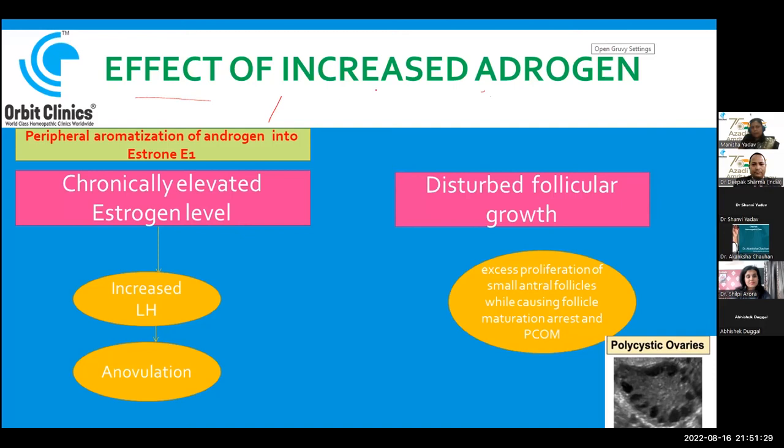First of all, since the ovaries start producing an excess amount of androgen, this excess androgen should be normalized in the body. So in order to normalize it or maintain it at the optimum level, this excess androgen gets peripherally aromatized into estrone. Estrone, which is known as E1, is a form of estrogen.